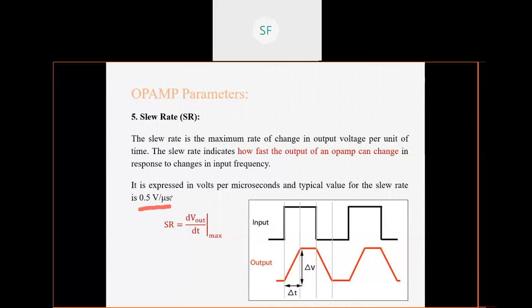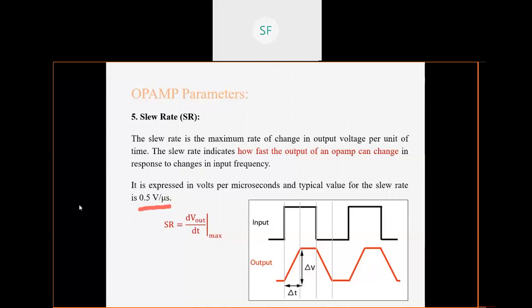In other words, the output will take 1 microsecond of time to rise from 0 to 0.5 volt. Then again, if you want to raise from 0 volt to 1 volt, then it will take 2 microseconds and like that.